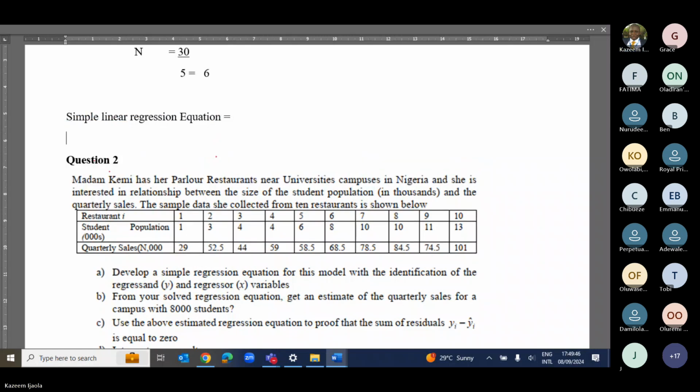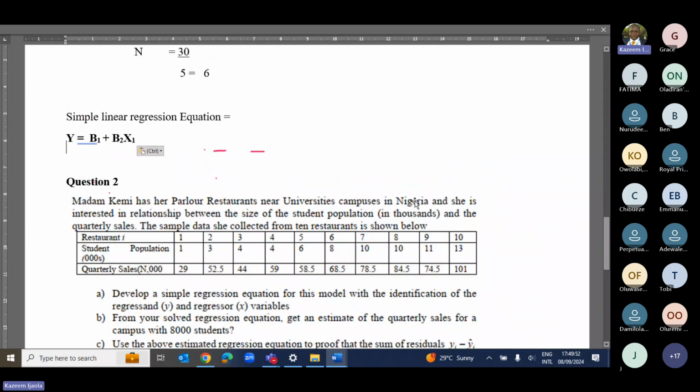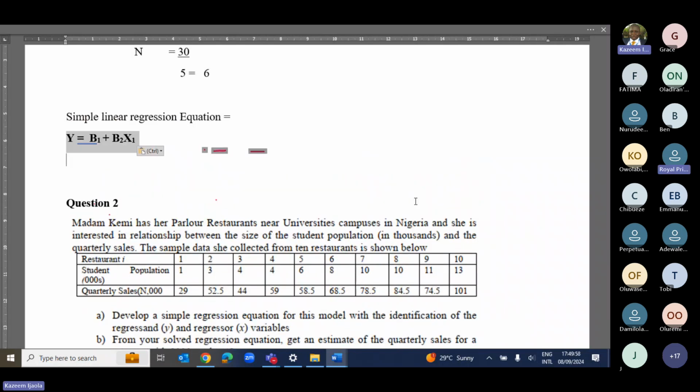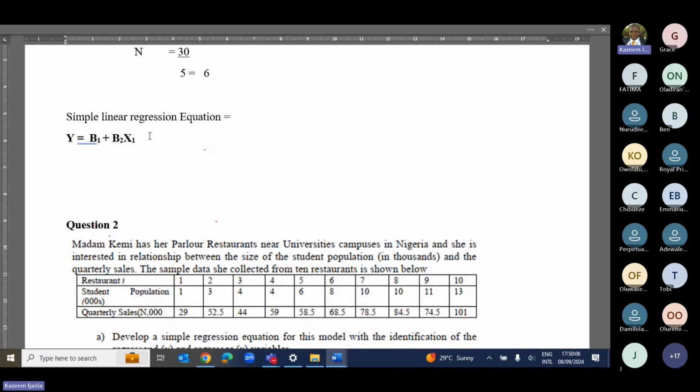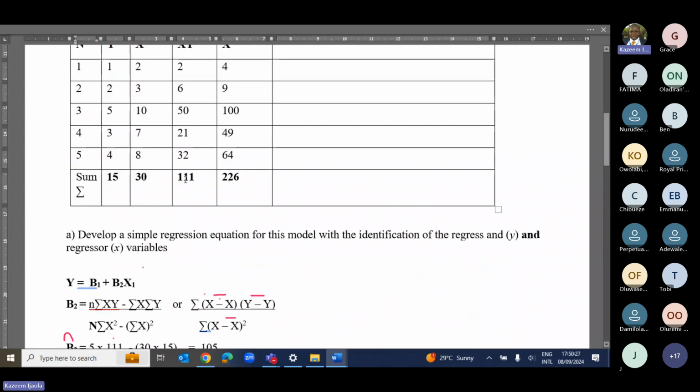It's y equal to 0.261, plus 0.4565x. That's all. This is your equation. This is the solution that they say we should do. This is okay. Now let's look at the second one.